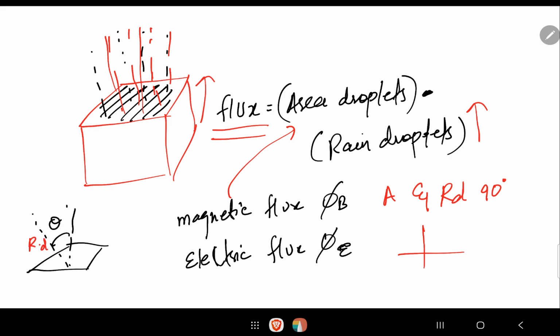So flux is equal to area times the rain droplet cos theta. Make sense? If you remember, in the magnetic flux, we had magnetic field times the area times the cosine of theta, right?